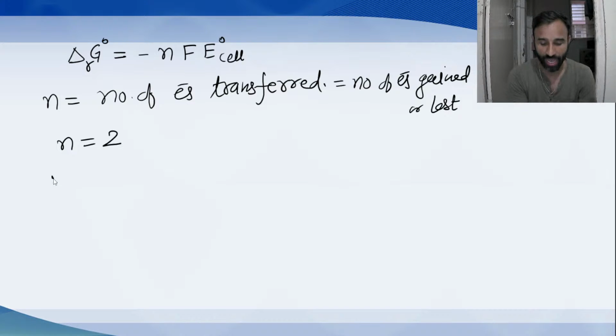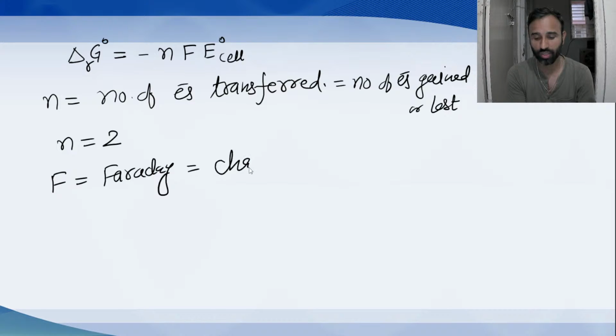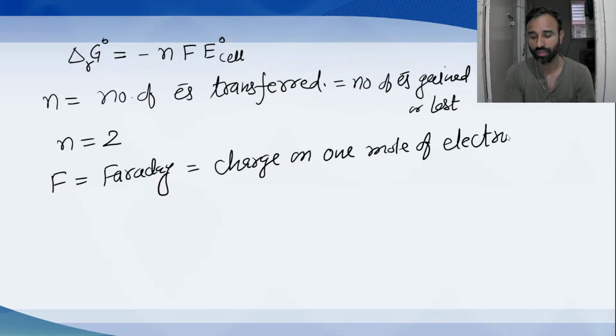Okay. And F is Faraday. This Faraday is the charge on 1 mole of electrons.